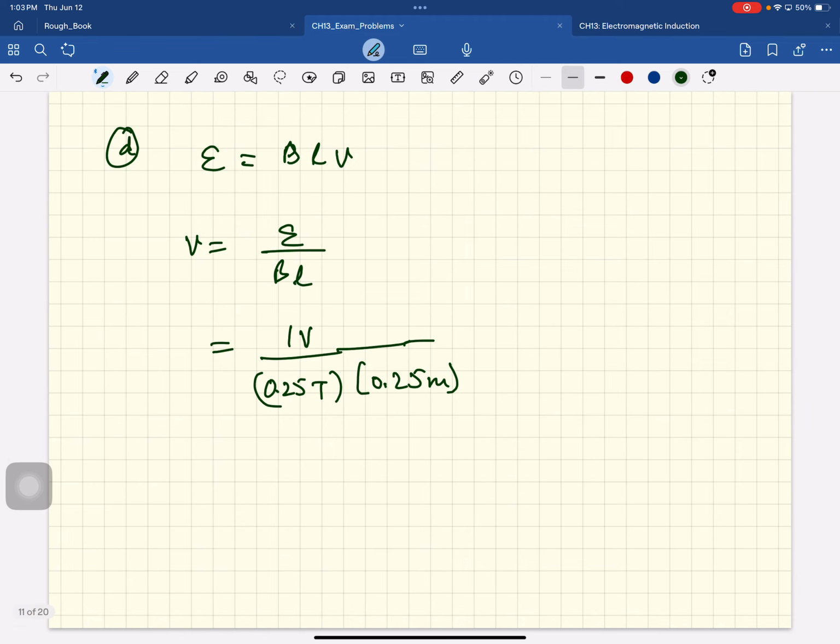Okay, so 1 over 0.25 is 4, that's 4, so this is equal to 16 meters per second.